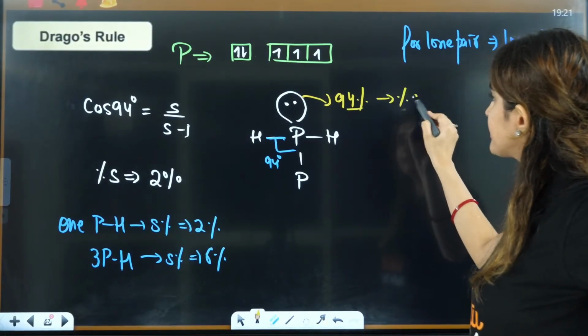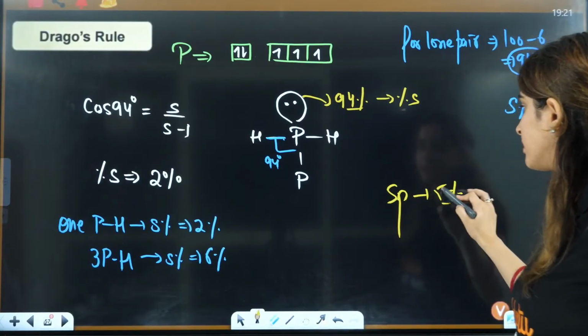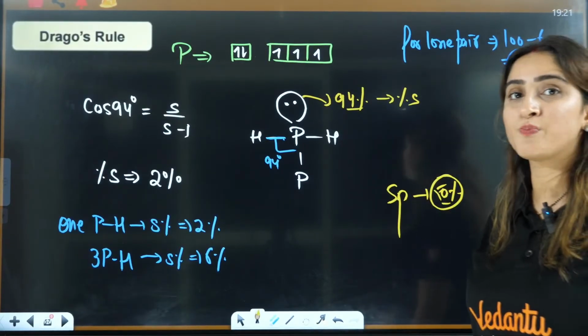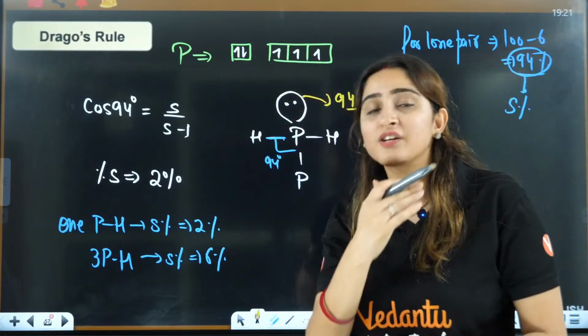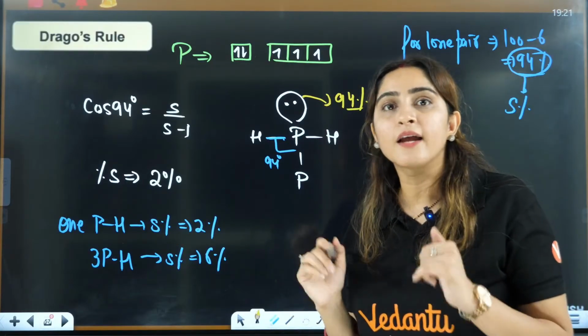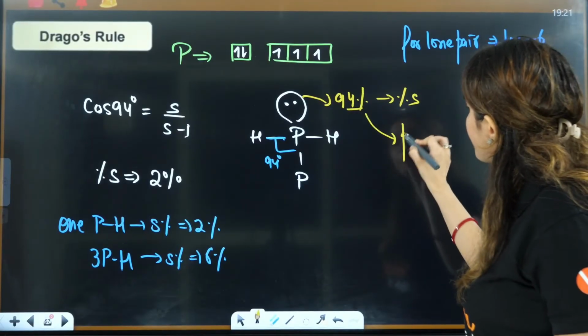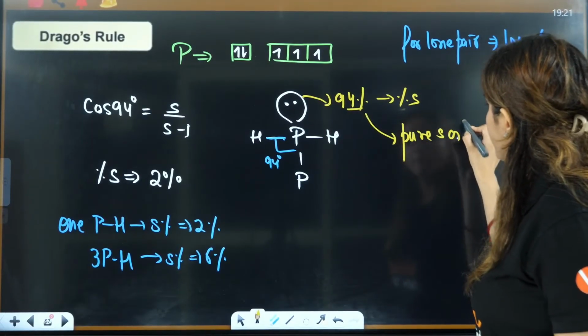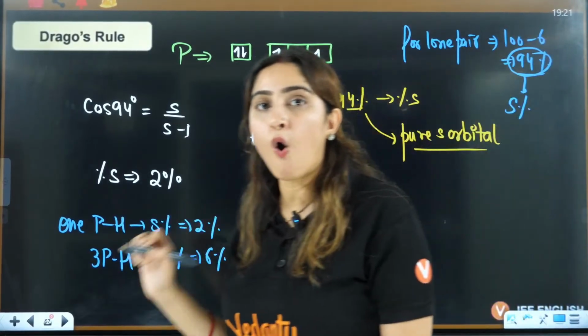For sp it is 50%. That means it is not even sp, sp2 or sp3. As hybridization increases, steric number increases, the percentage s character decreases. So this says that it is a pure s orbital.